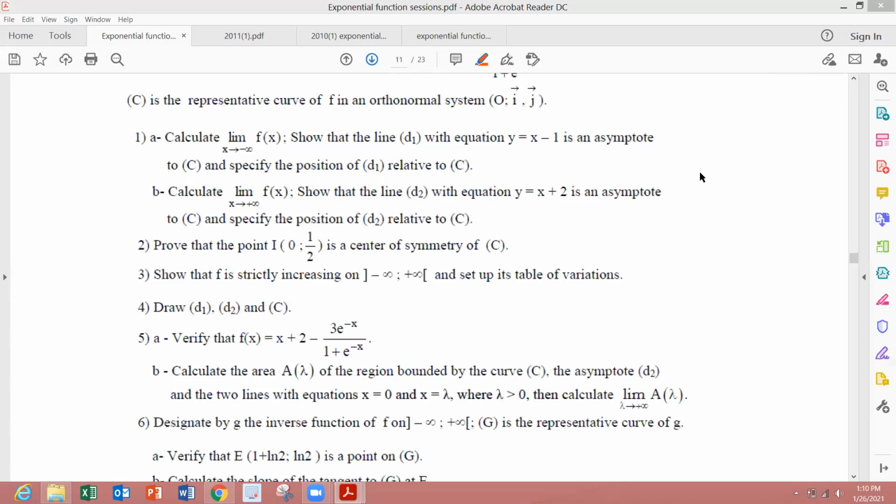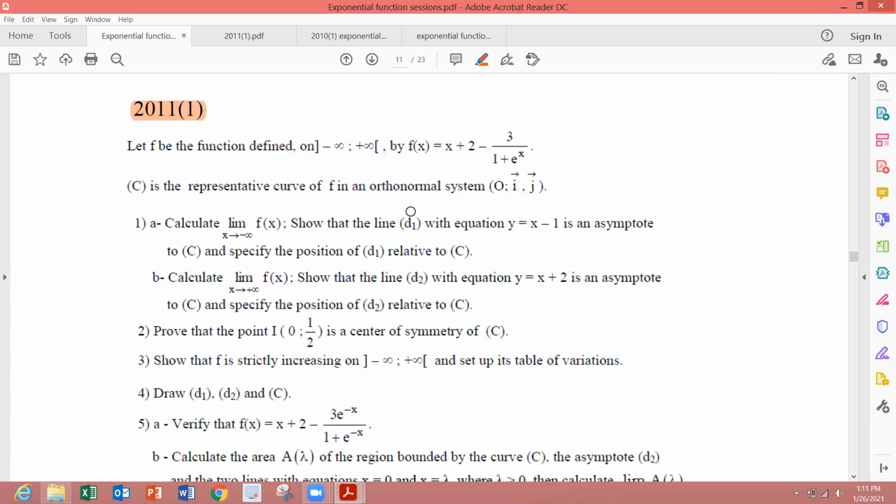Okay, هلا still بعده which exercise? هلا شوي عم بينزل. 2011 صار هلا استاذ.